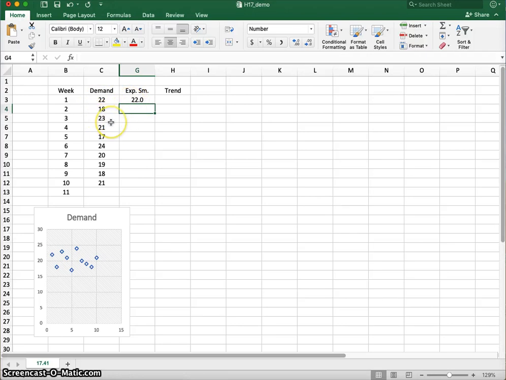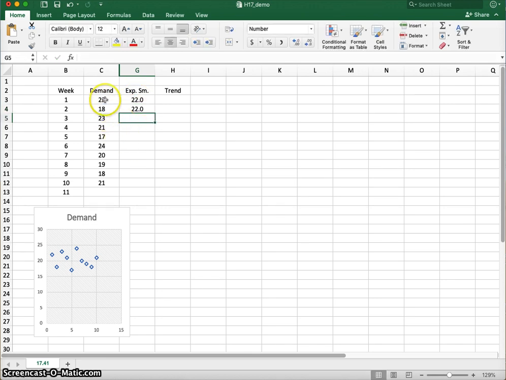Now in the next week, the exponential smoothing formula is equals some alpha. Alpha is a constant. Your book says in this case to use 0.2. So it's alpha, which is 0.2 times what actually happened last time, plus 1 minus alpha, or 0.8 times my last forecast.